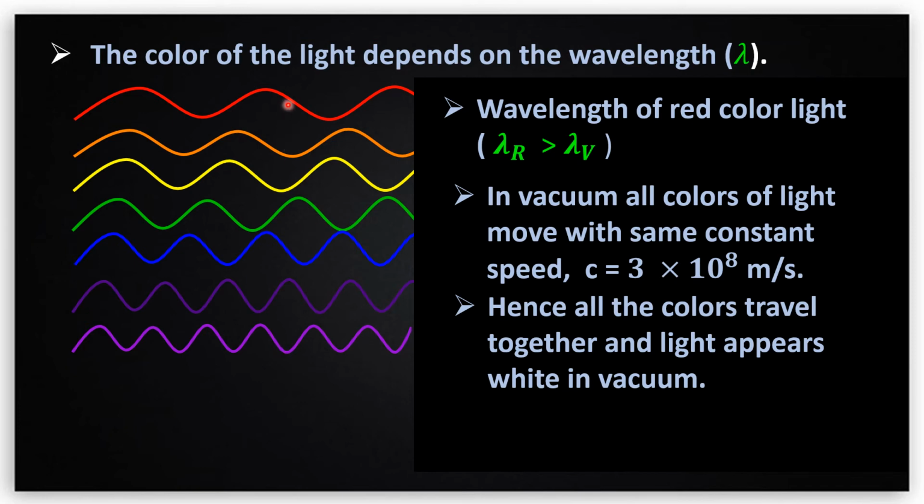That's why it bends less than violet light when it comes out of the prism. That's why a prism separates all colors when white light is allowed to pass through it. Isn't it? That's why a rainbow is formed due to the water droplets. Water droplets also act as prisms.